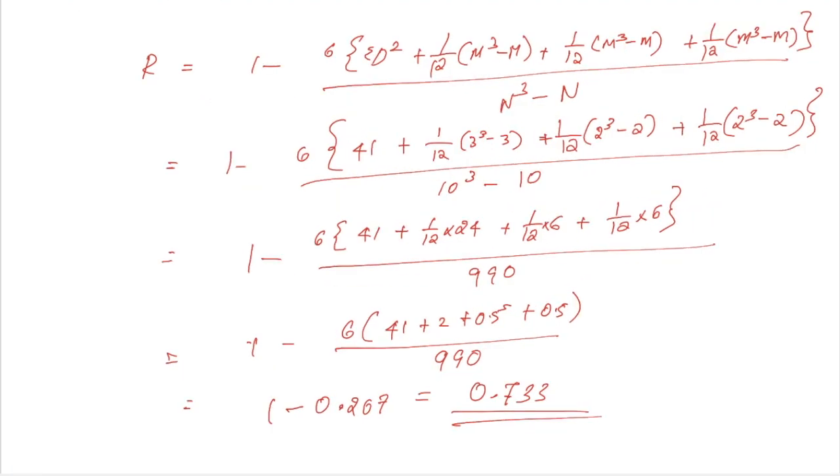Which is again 1 minus 6 into 41 plus 2 plus 0.5 plus 0.5, divided by 990, which will again give us 1 minus 0.267, which is 0.733.